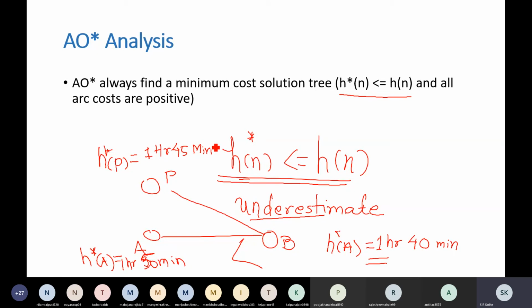Cost associated with A is 1 hour 50 minutes, and cost associated with P is 1 hour 45 minutes.